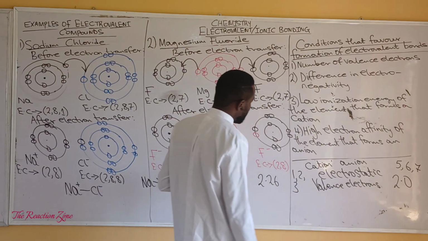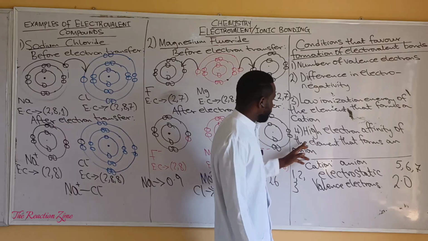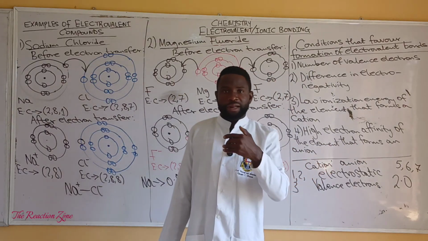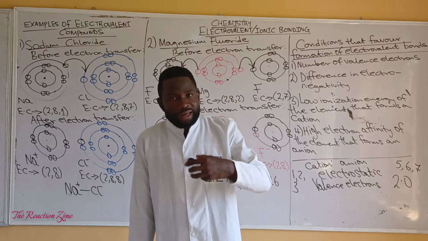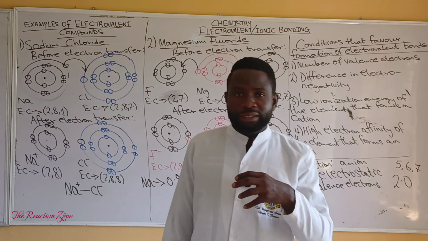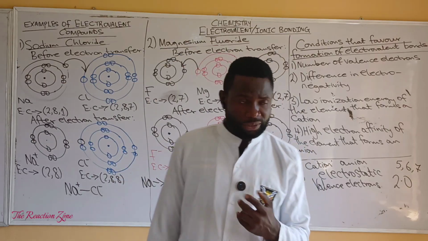The fourth one is high electron affinity of the element that forms an anion. Electron affinity is the energy that is released when an electron is added to one mole of an atom in the gaseous state.